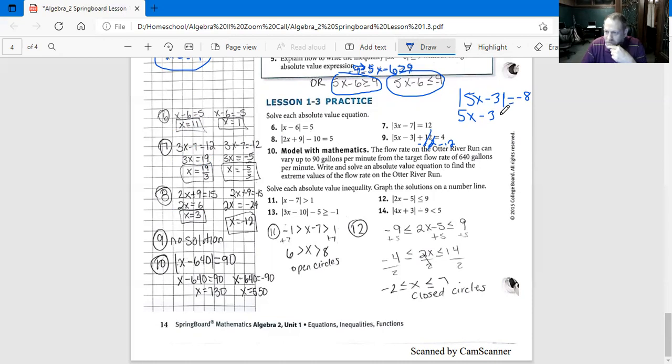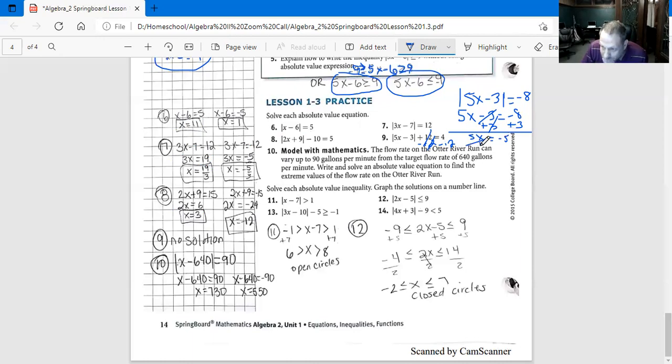Let's see, negative 8. All right, and then plus 3, plus 3, and cancel, and it's going to be 5x equals negative 5.